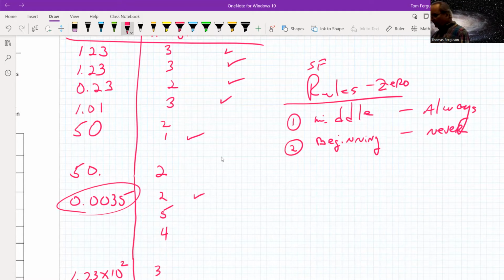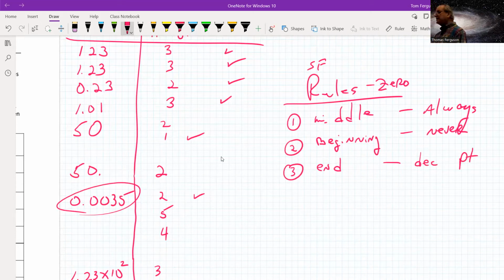Now the tricky part is, what about the end? If a decimal point is present, it counts.